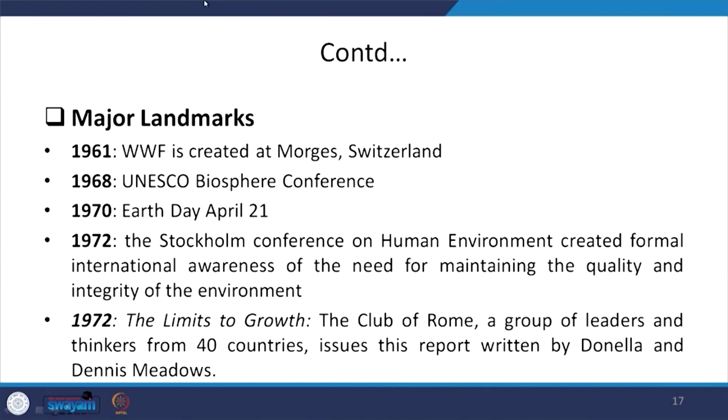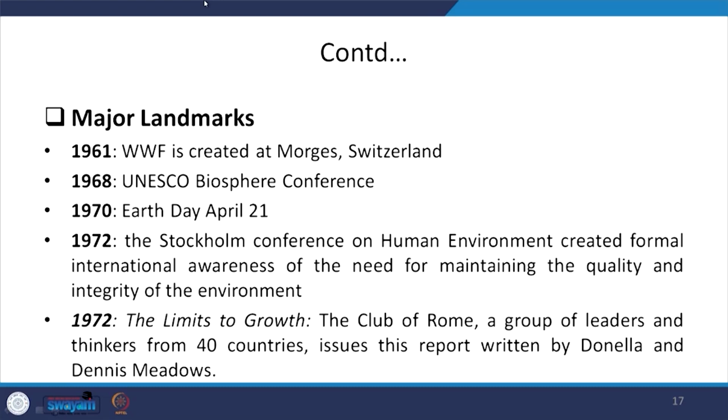Major landmarks in the development of environmental economics: number one, in 1961, WWF was created. Then in 1968 the UNESCO Biosphere Conference was held. In 1970 Earth Day was celebrated, and now every year on April 22nd Earth Day is celebrated.